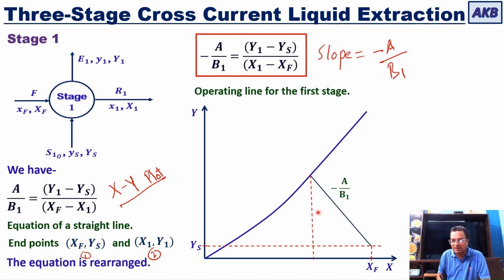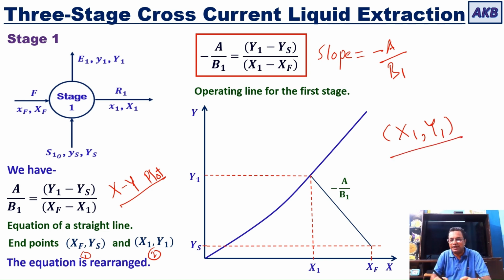So we are interested in knowing the coordinates of this point. The x coordinate of this point is nothing but X1 and the y coordinate of this point is nothing but capital Y1. So at the end of calculations for stage 1, what do we get? We get the values for X1 and Y1.